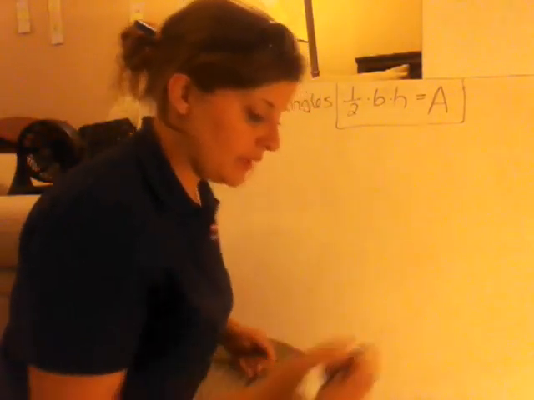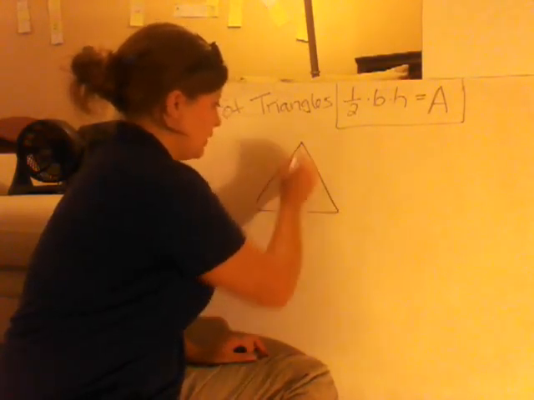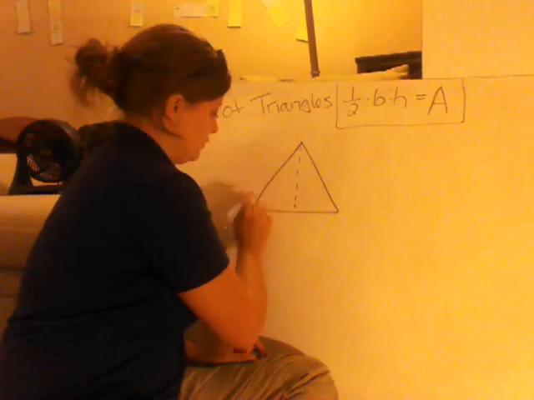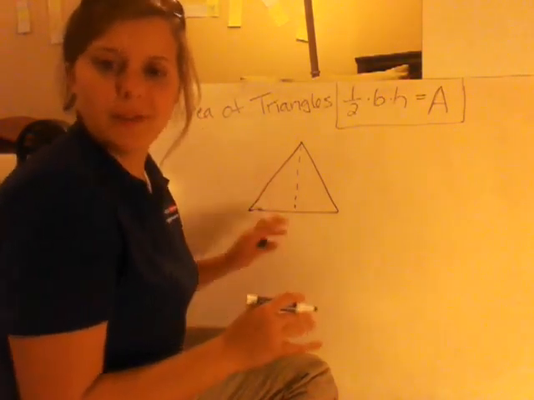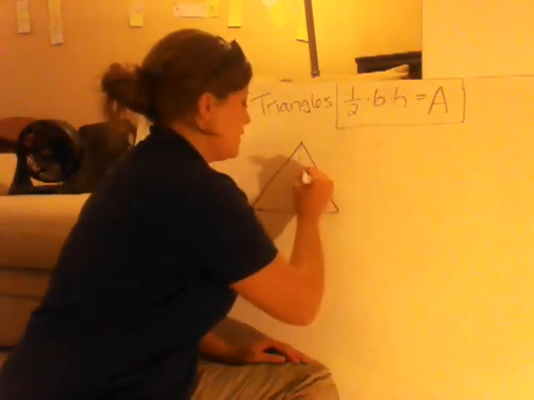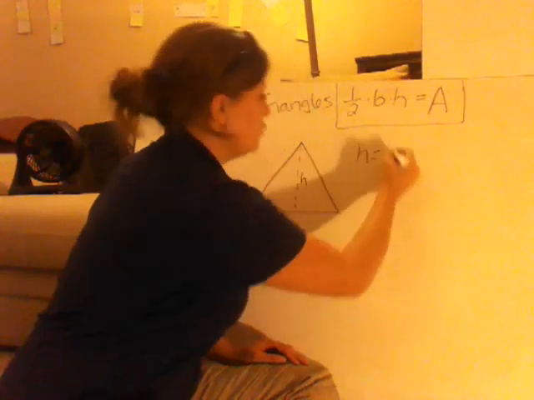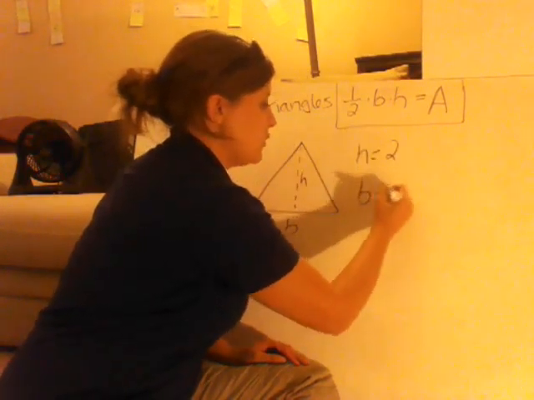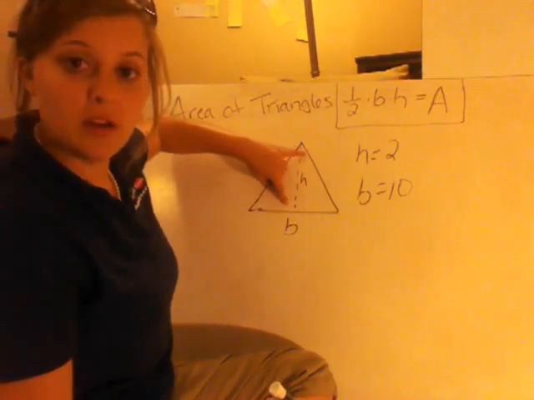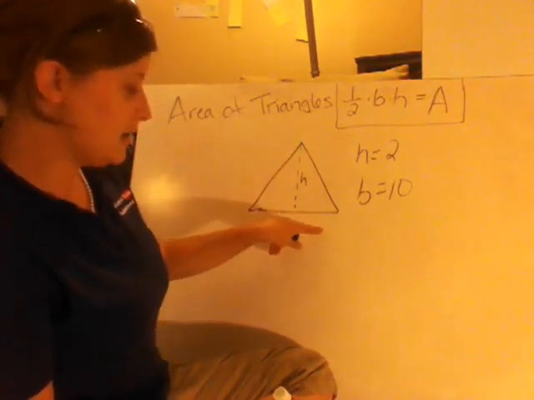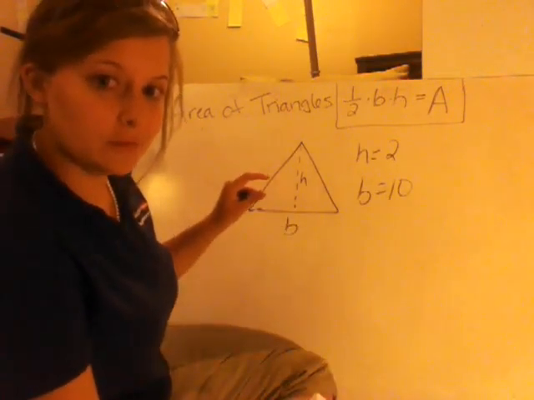Alright, number 3. I've got a fat triangle. Well, it's almost a triangle. It's close, we get the idea. Here's my height, and here's my base. My height is equal to 2, and my base is equal to 10. So this thing's really wide and not so tall.